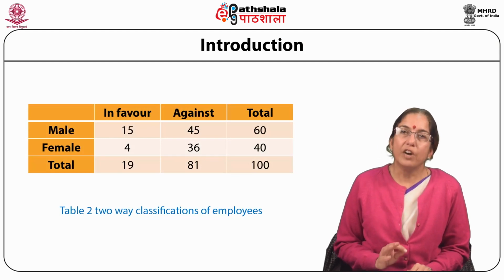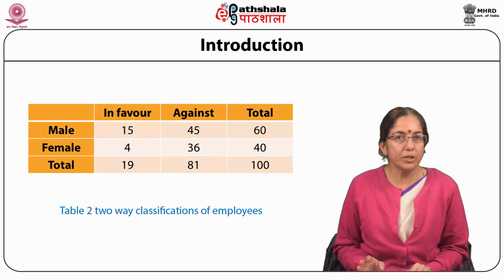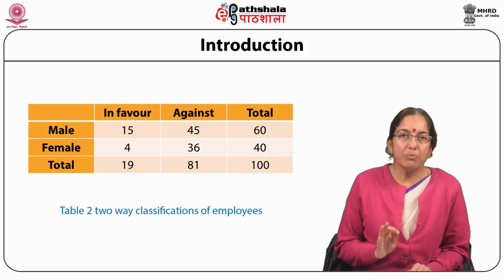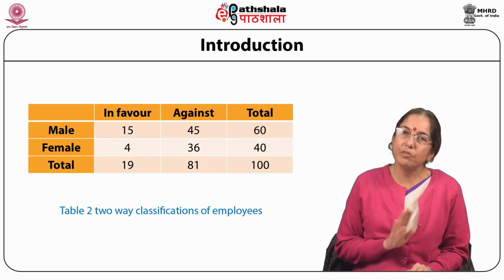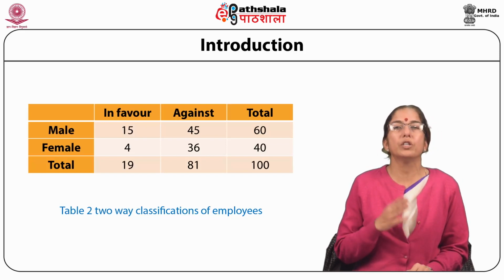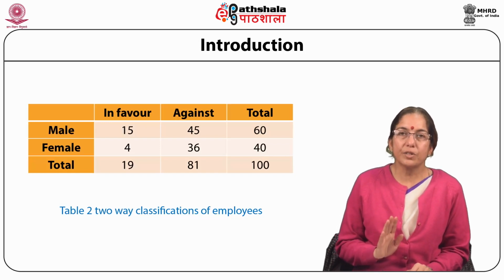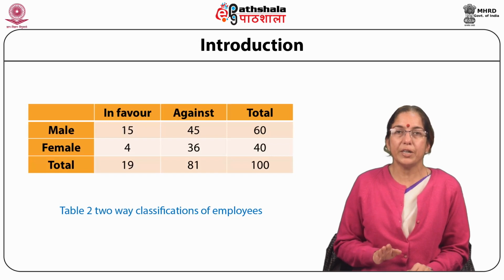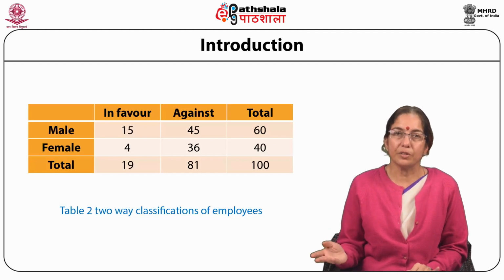Suppose one employee is selected at random from these 100 employees. This employee may be classified either on the basis of gender alone or on the basis of opinion. If only one characteristic is considered at a time, the employee selected can be male or female, in favor or against.